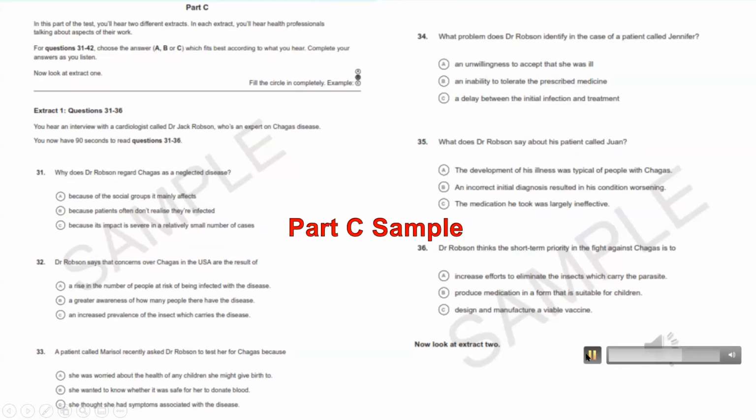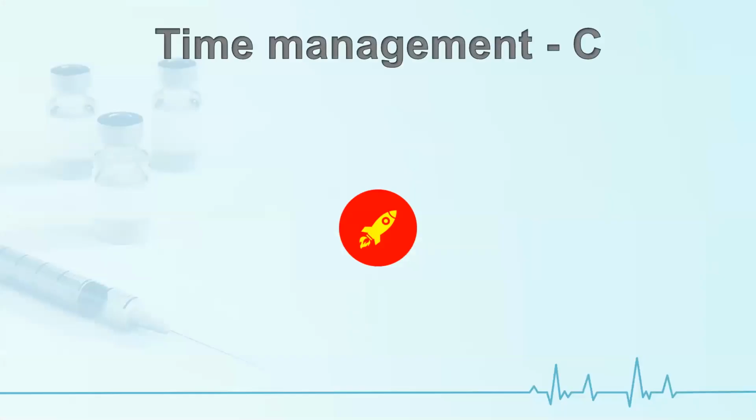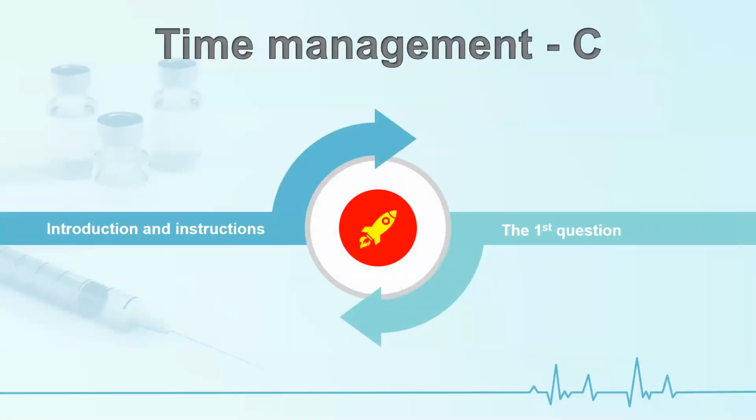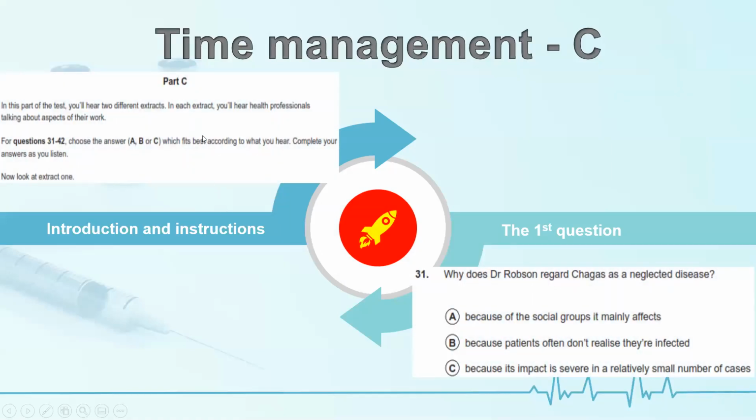So this is how to manage your time in the listening subtest for part A, part B, and part C. This is the management for time gap, introduction and instructions, and the first question, and we have no gaps between each 2 questions.